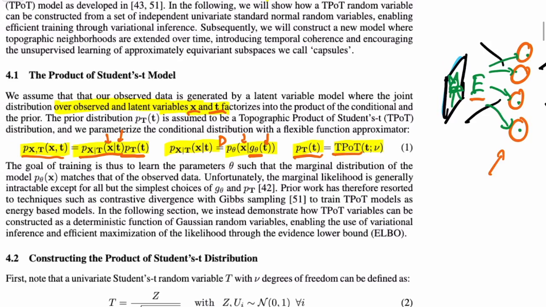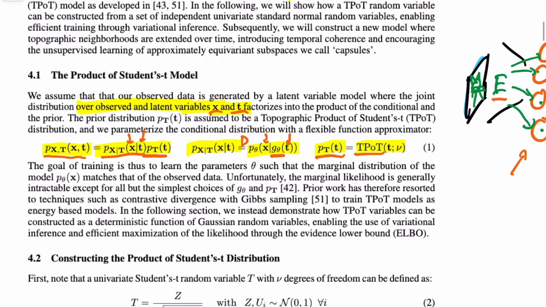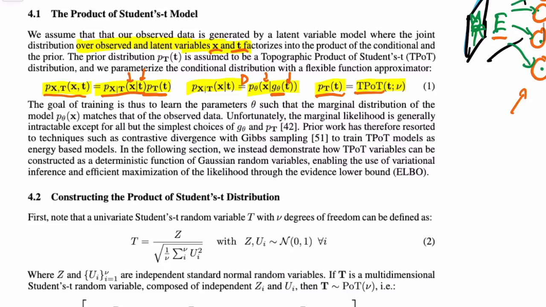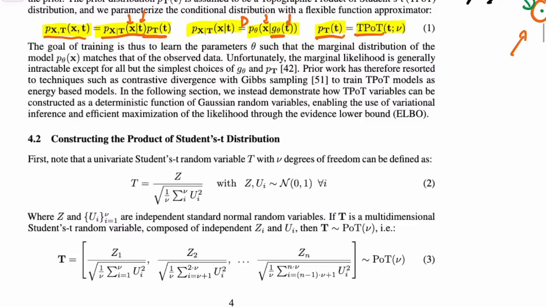That's going to be the difficulty, because what we can train with backpropagation is pretty much Gaussians. We can apply the reparameterization trick, that's stuff we can backprop through.